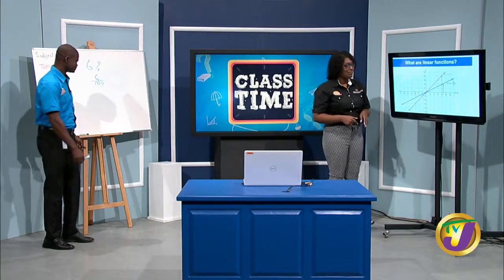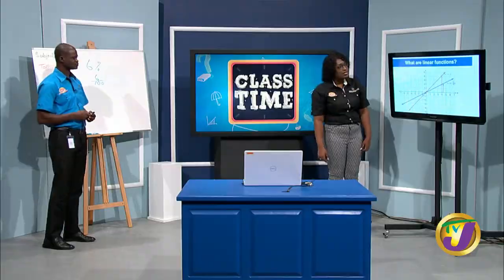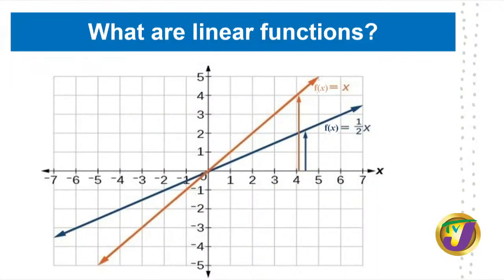All right, so here we have two linear functions now. Our first linear function is f(x) = x, and our second linear function is f(x) = (1/2)x. Now, what do you notice changing, Mr. Price? What's the difference between these two lines?